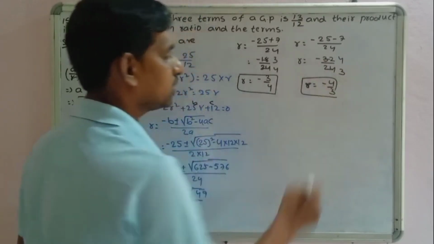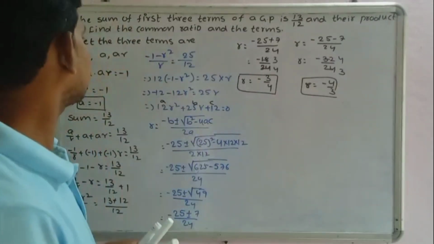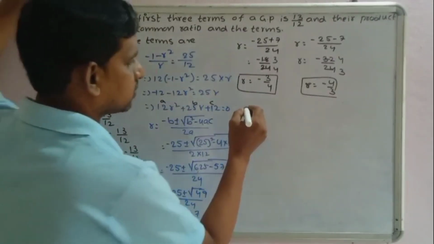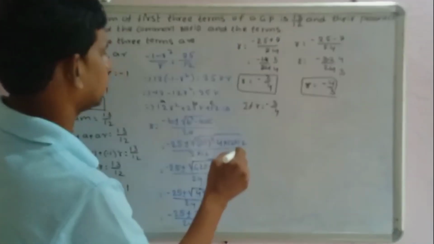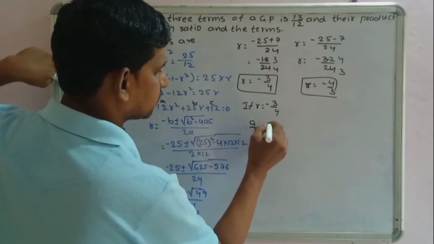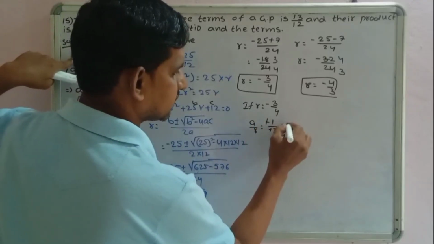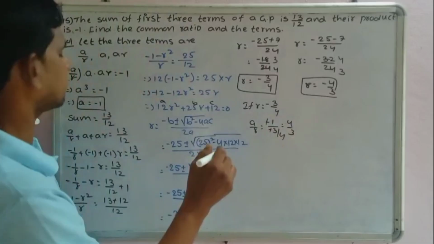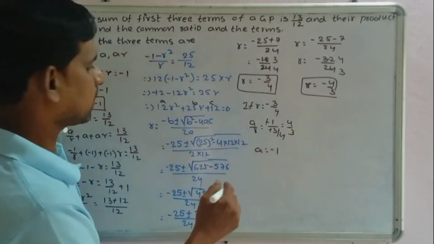Okay, here two r values are there. Now two sets of terms are there. See the first one. If r equals minus 3 by 4, what are the terms here? a by r is equal to minus 1 by minus 3 by 4. Minus gets cancelled, 4 by 3. Second one is a. Already we know a equals minus 1.